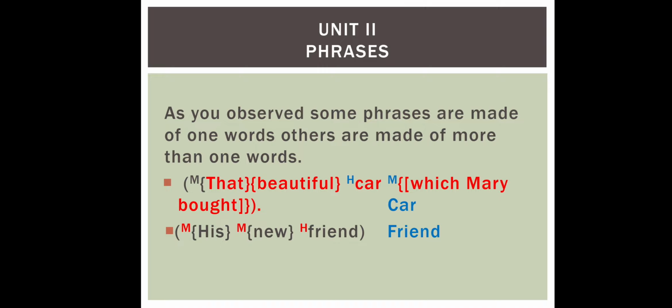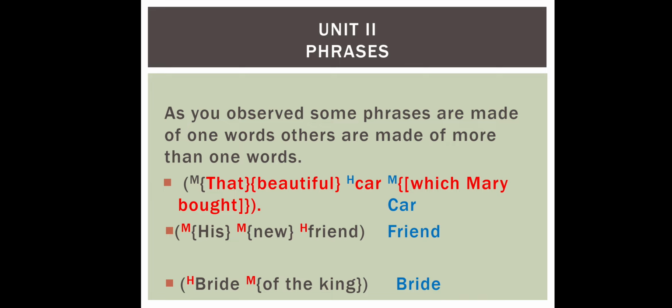Now look at the next example. His new friend. Again, it is a noun phrase. Again, if we remove the premodifier and postmodifier, only bare friend is again a noun phrase.